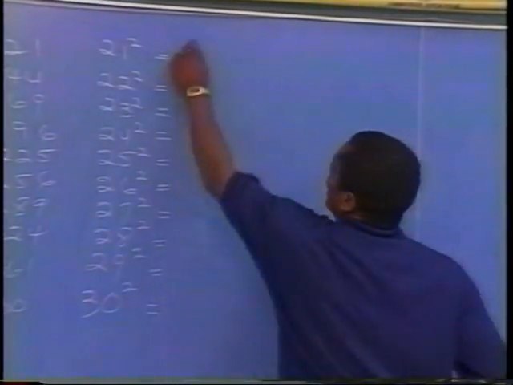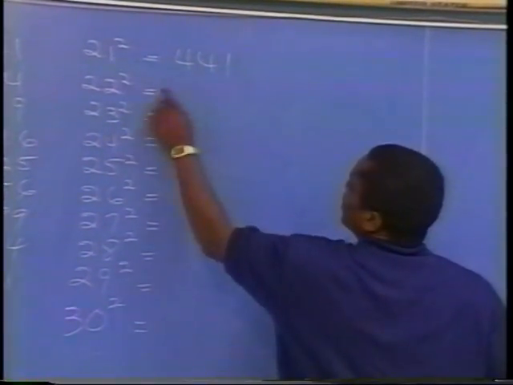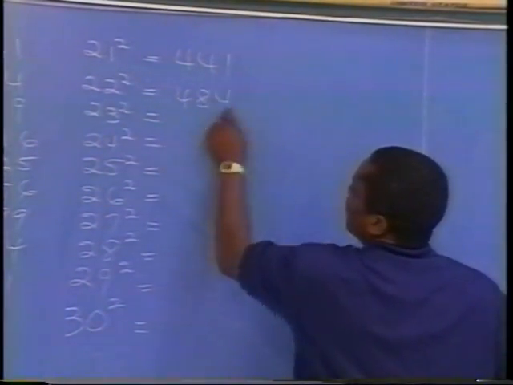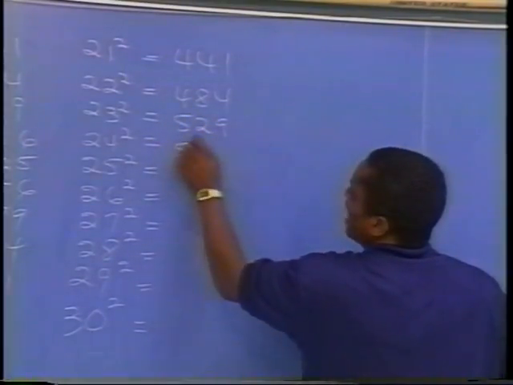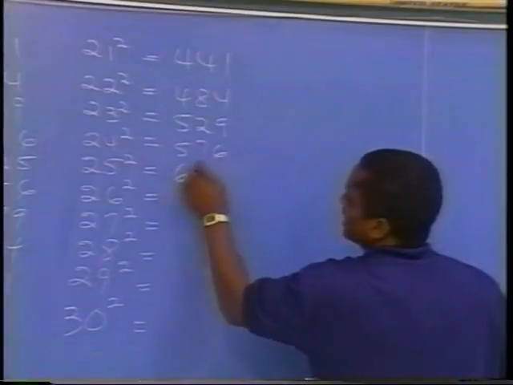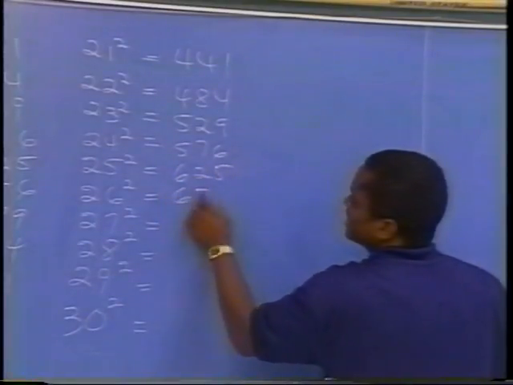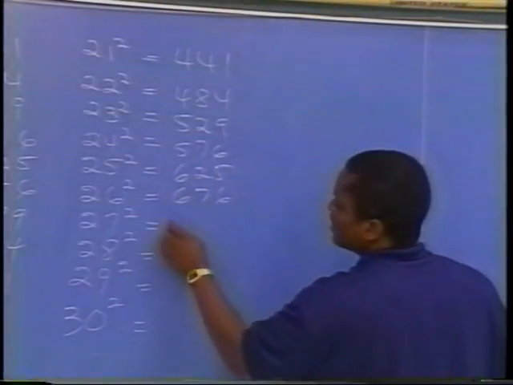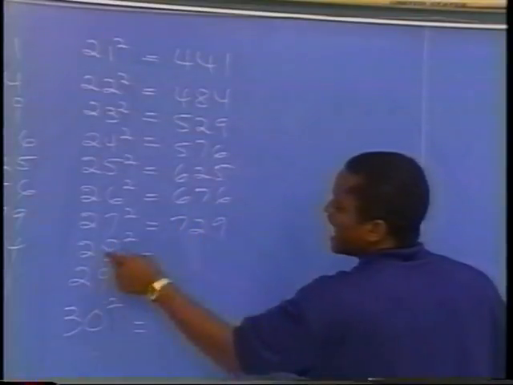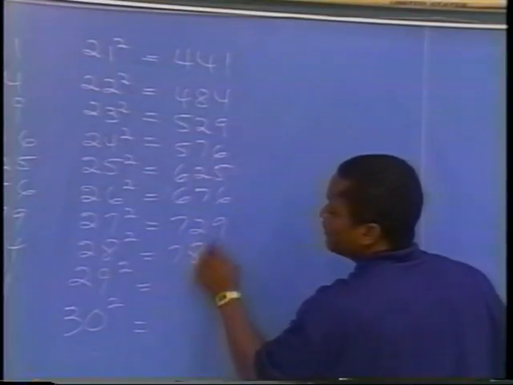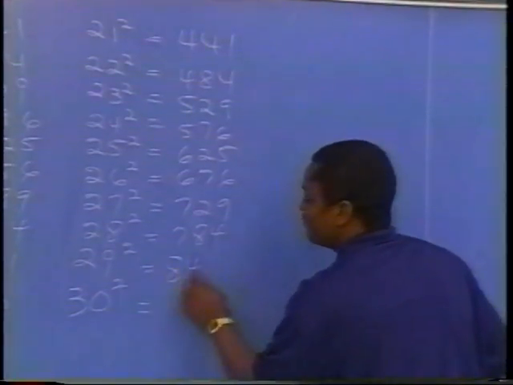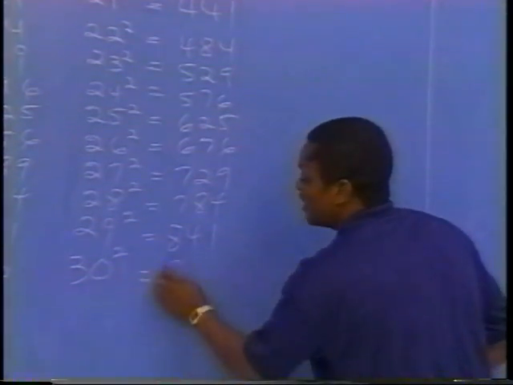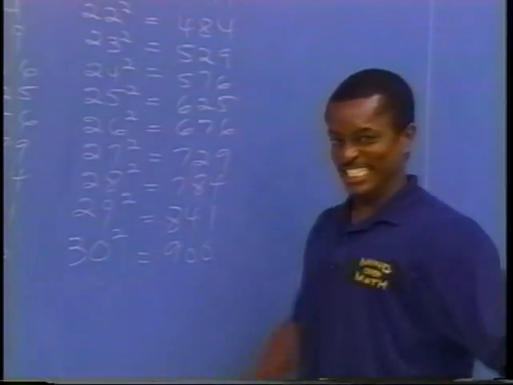Right. It's 441. 22 squared is 484. 529. This is 576. This is 625. 676. 27 squared is 729. 28 squared is 784. 29 times 29? Right. It's 841. And 30 times 30 is 900.